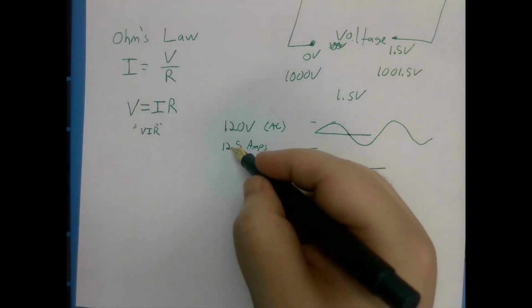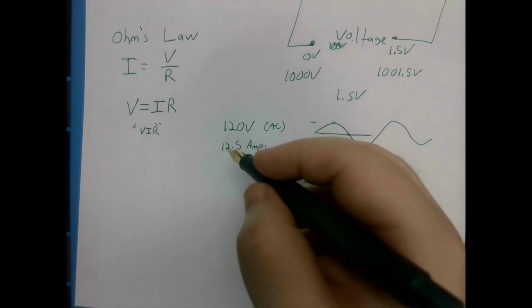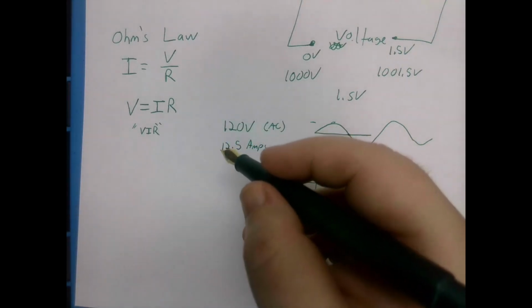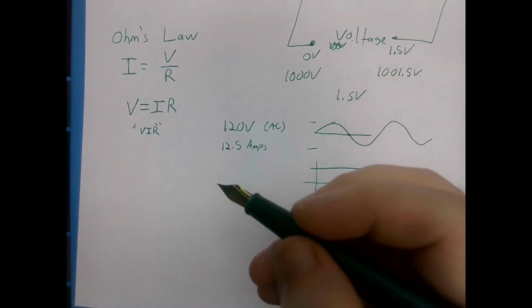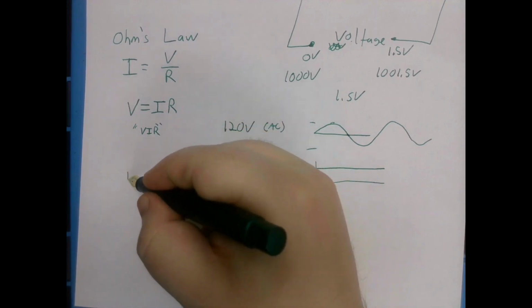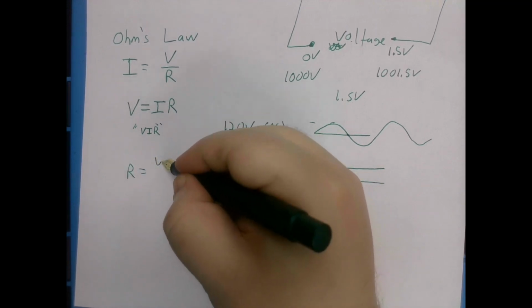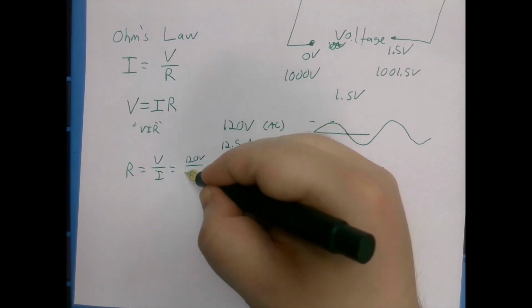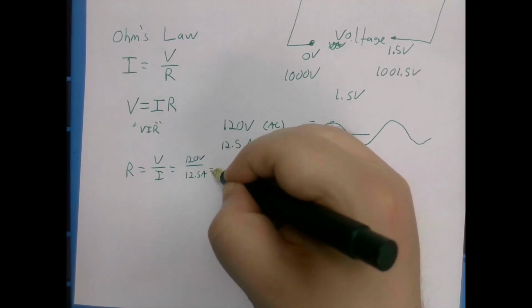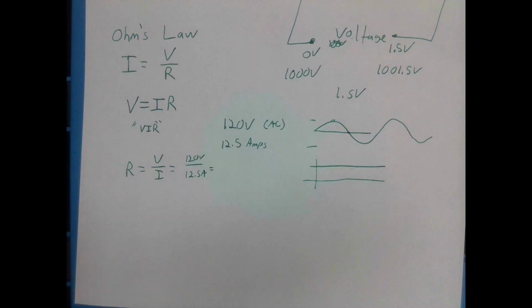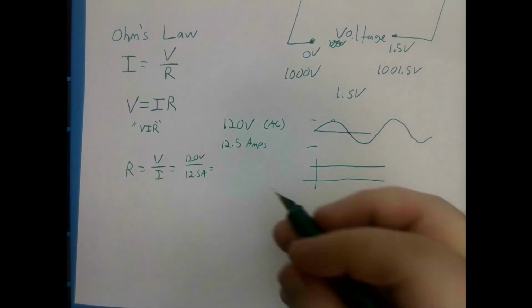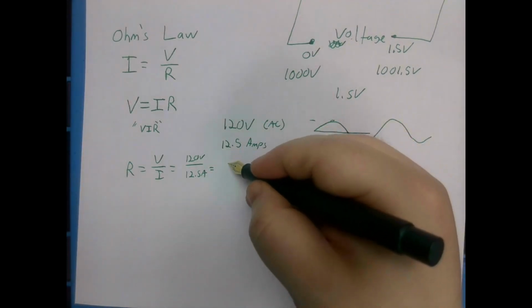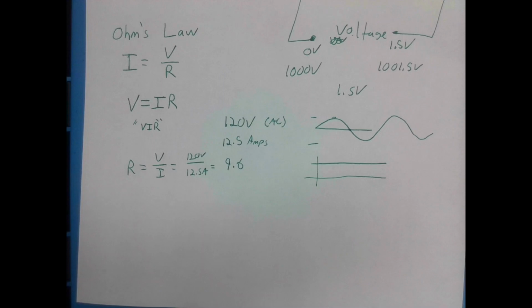And this is going to be like the max peak of it, peak amps. So resistance is equal to voltage over current. So that'd be 120 volts divided by 12.5 amps, and we get 9.6. And what will be the units for resistance?